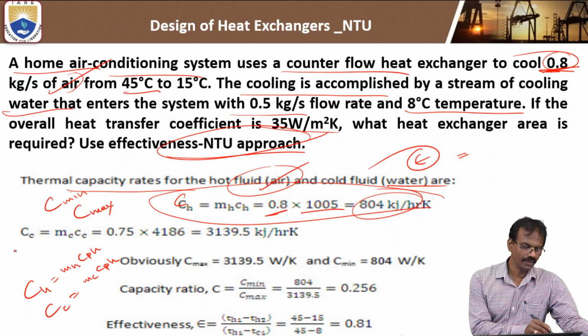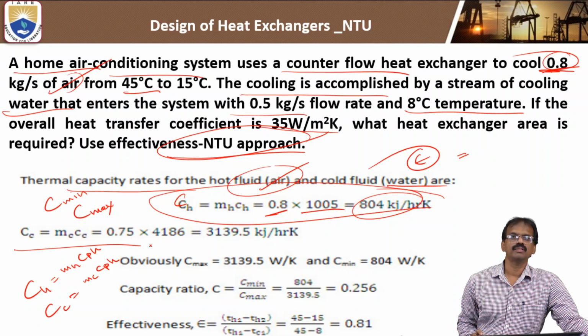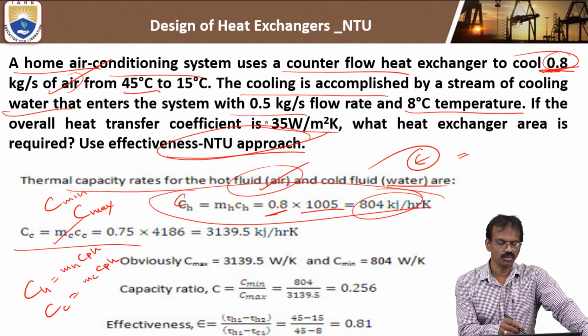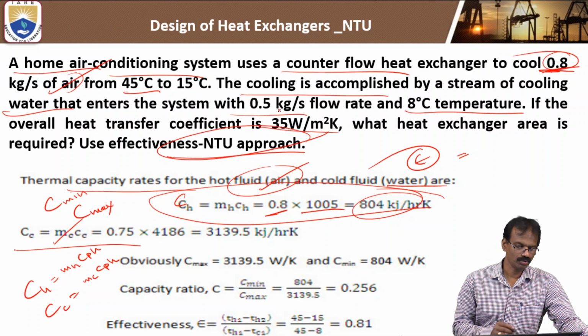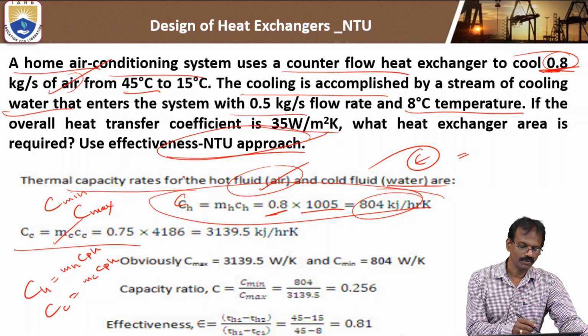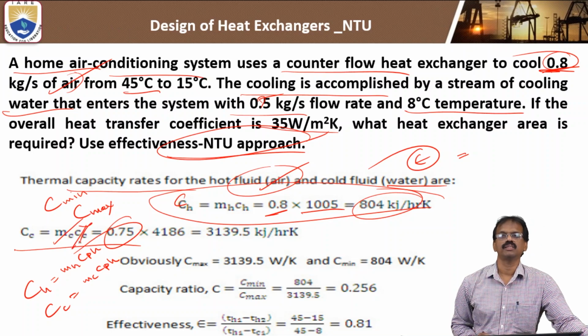Then you can find out the CC. CC is nothing but the mass flow rate of the water times the specific heat of the water. The mass flow rate of the water has been given, that is 0.5 kg per second, and the specific heat of the water is 4186 or 4180.